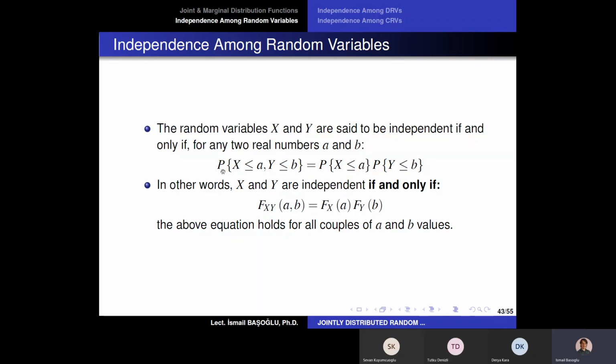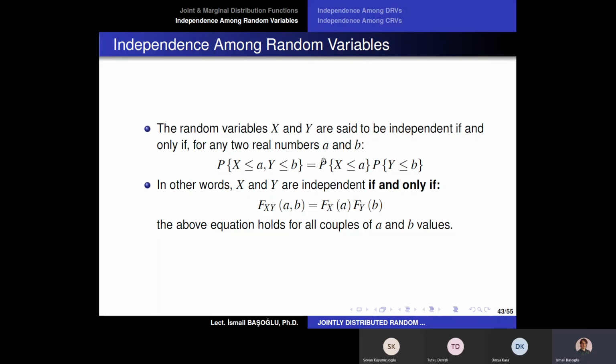So if the joint probability of x and y being less than or equal to a and b respectively, that intersection probability, is always equal to the probability of x being less than or equal to a times the probability of y being less than or equal to b for any two real numbers a and b, if this equation always holds, then we say that these two random variables are independent from each other. Okay, x and y are independent from each other.